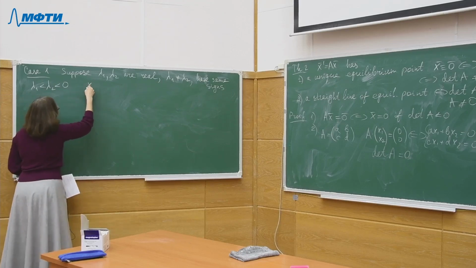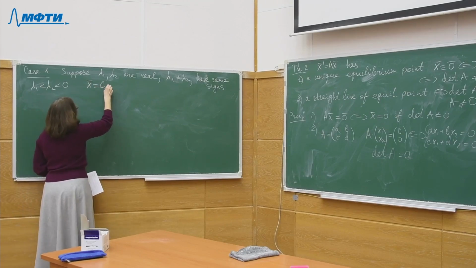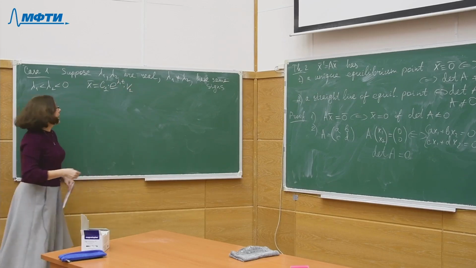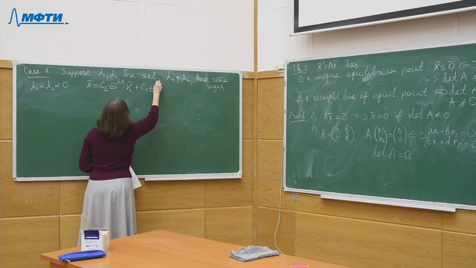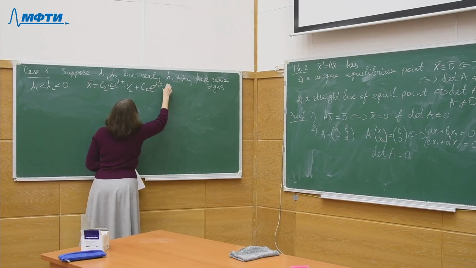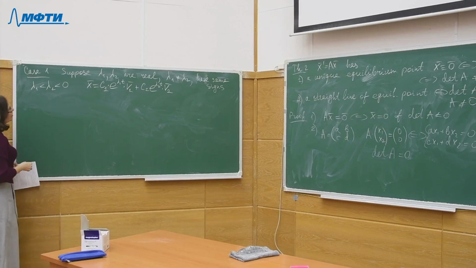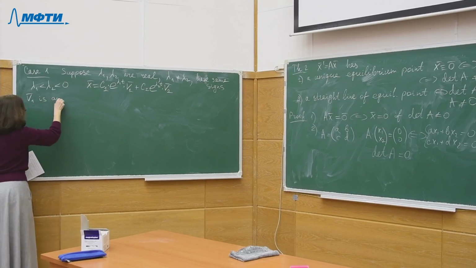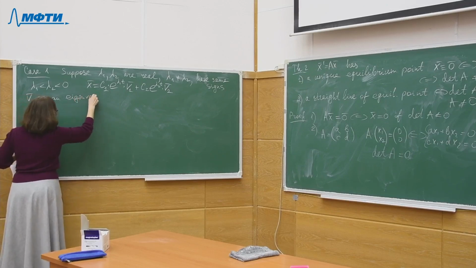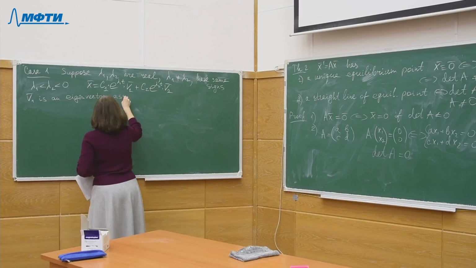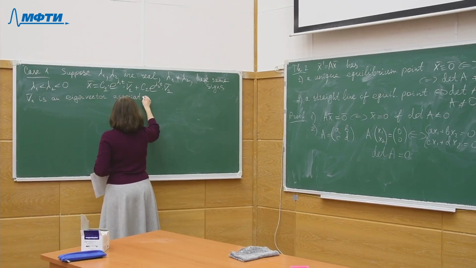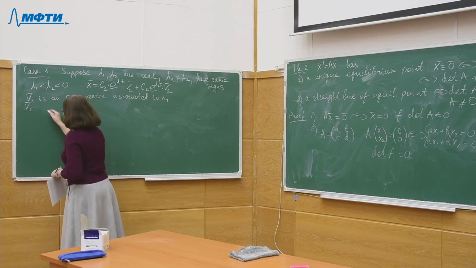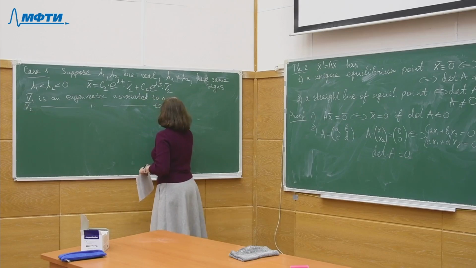We know that in this case the general solution can be written in the form C1 times e to the power lambda 1 t times V1, which is the eigenvector, plus C2 e to the power lambda 2 t times V2, where V1 is associated to lambda 1 and V2 is associated to lambda 2.